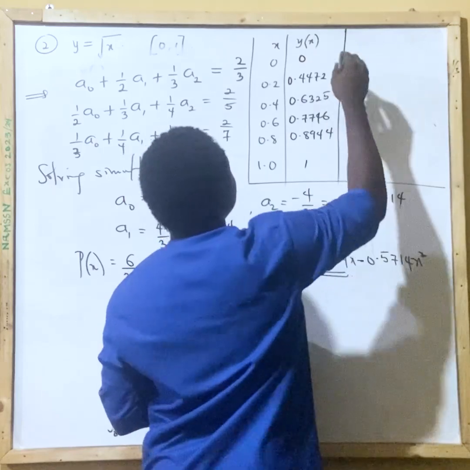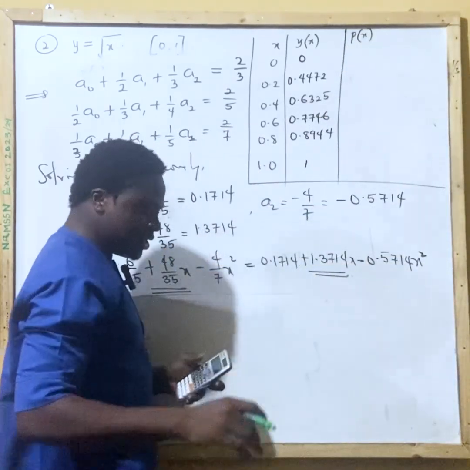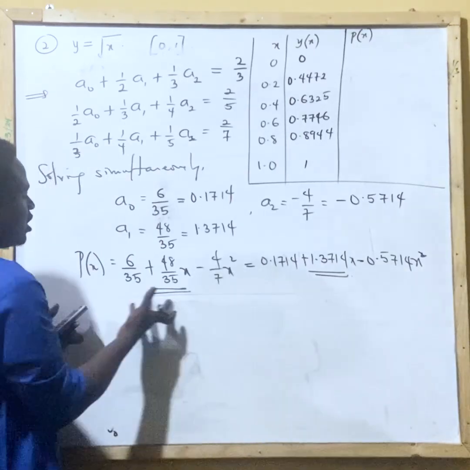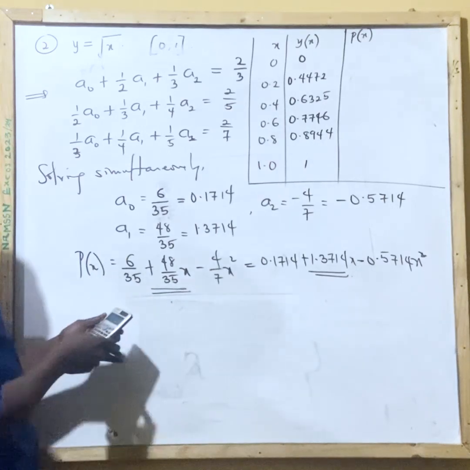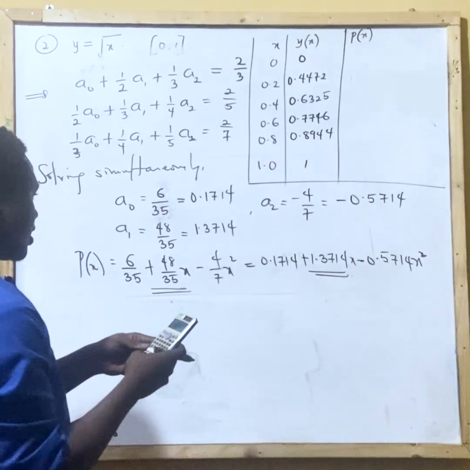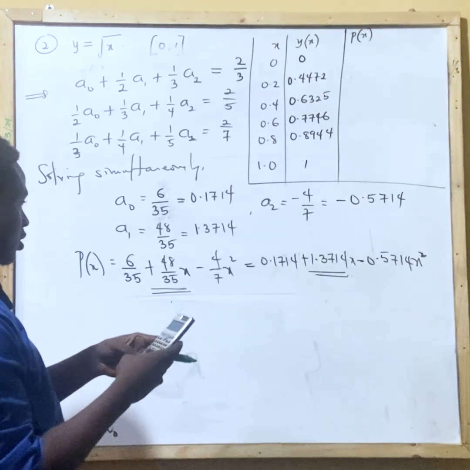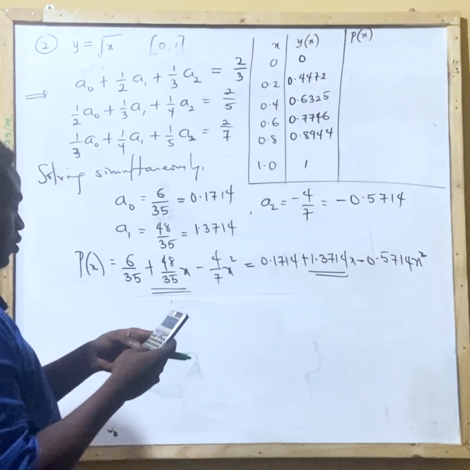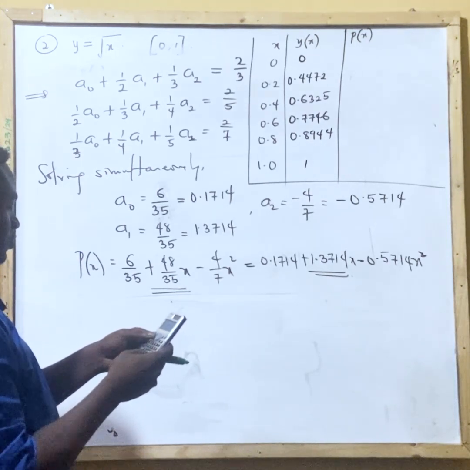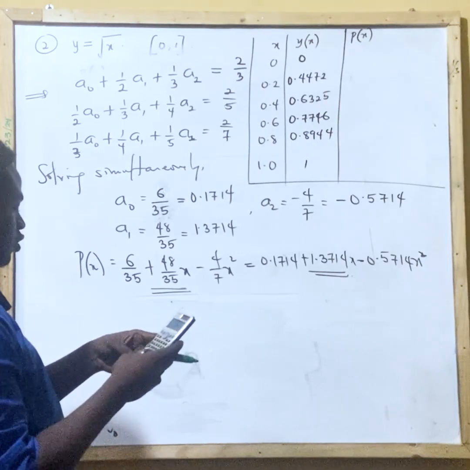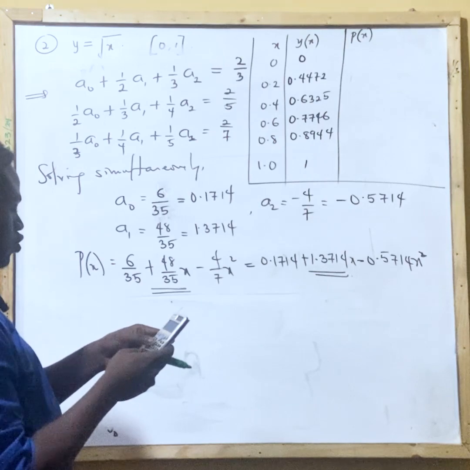The next column will be for the polynomial that we got, that is our approximated result. We'll be putting all these values of x and see what our polynomial will give. So if I write it on my calculator here, 0.1714 plus 1.3714 x minus 0.5714 x squared.